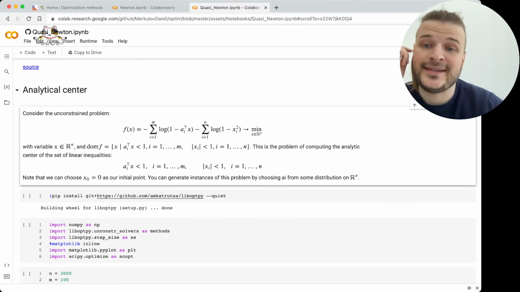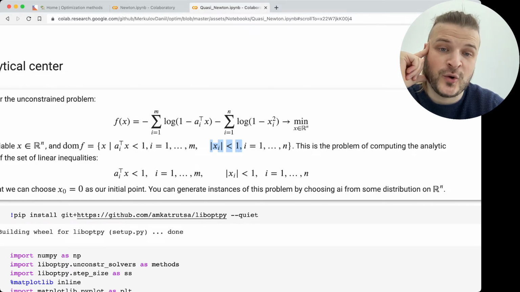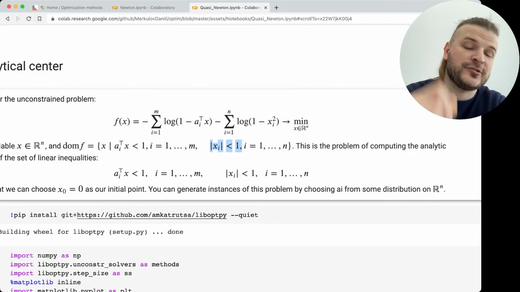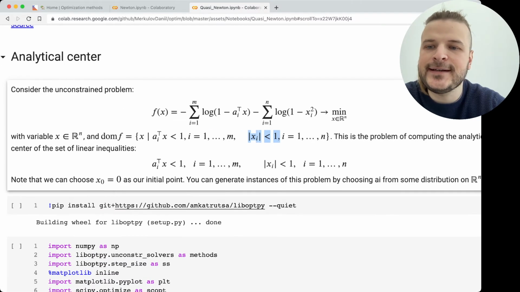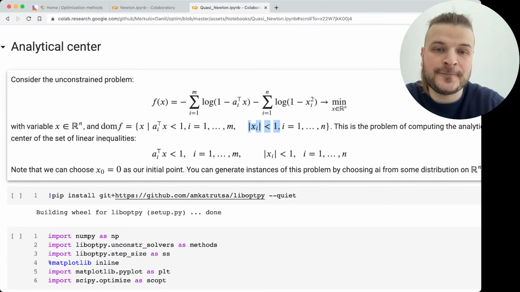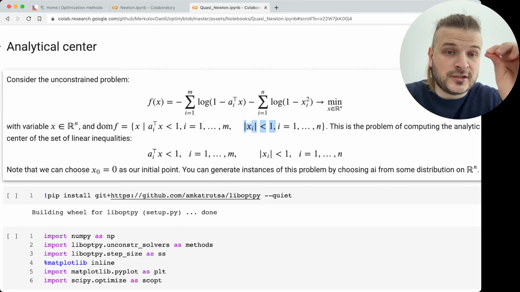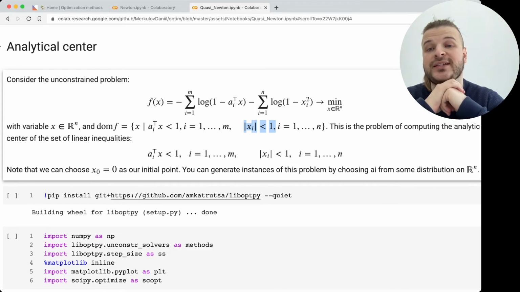And the problem here is, imagine that I have a set of linear inequalities, and an additional constraint on the absolute value of each component of the x vector here. Geometrically speaking, this is nothing else but finding the analytic center of this polyhedron, which is defined by these inequalities.